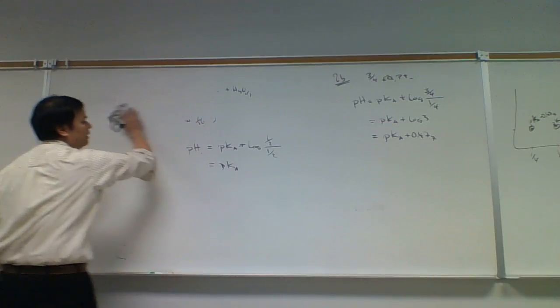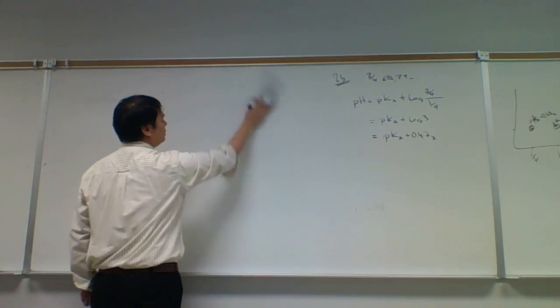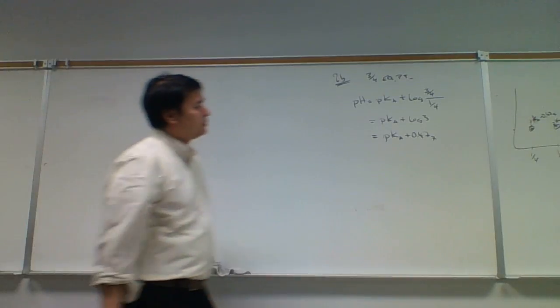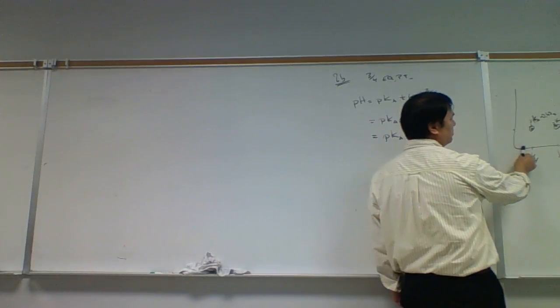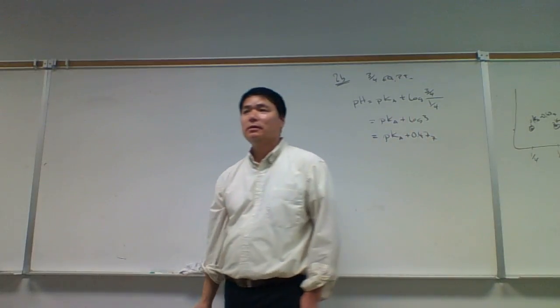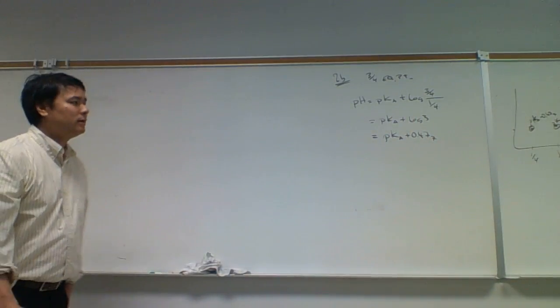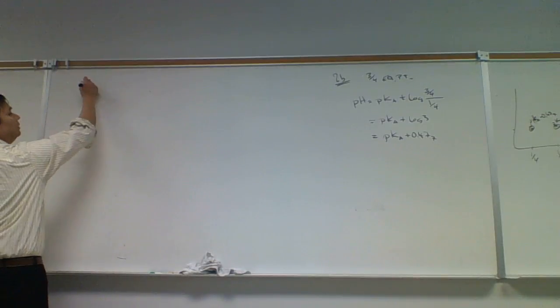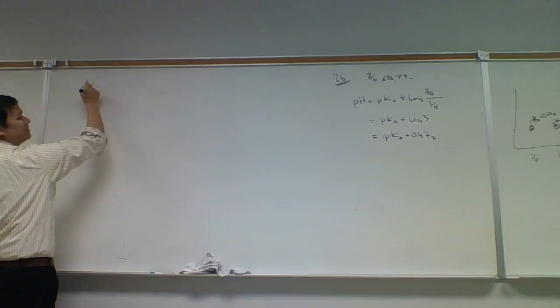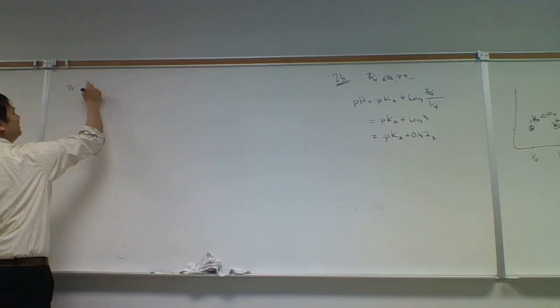And so let's do some other ones. So for example, if I want the 1/10 equivalence point or the 9/10 equivalence point, that would be easy, right? How would I do the 1/10 equivalence point? And so we'll do the 1/10 equivalence point, which is 2C.